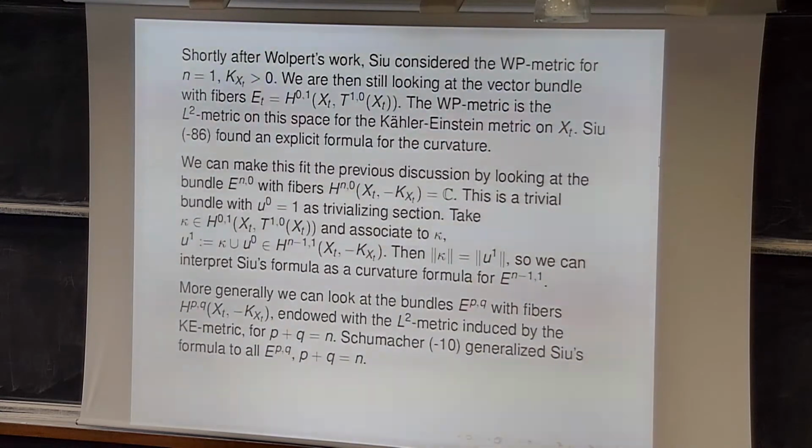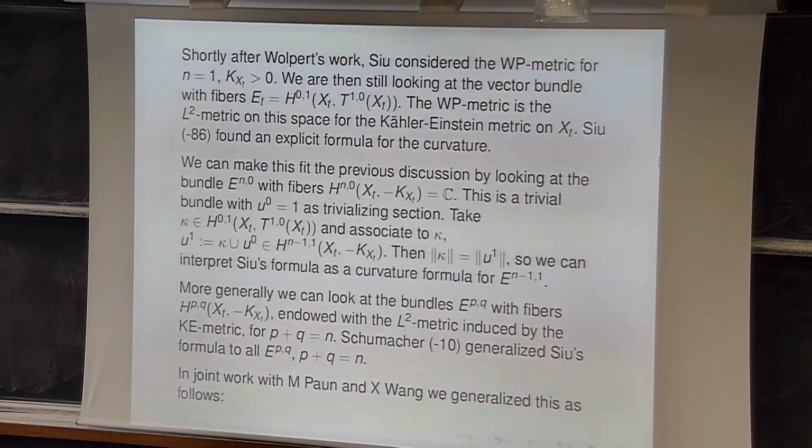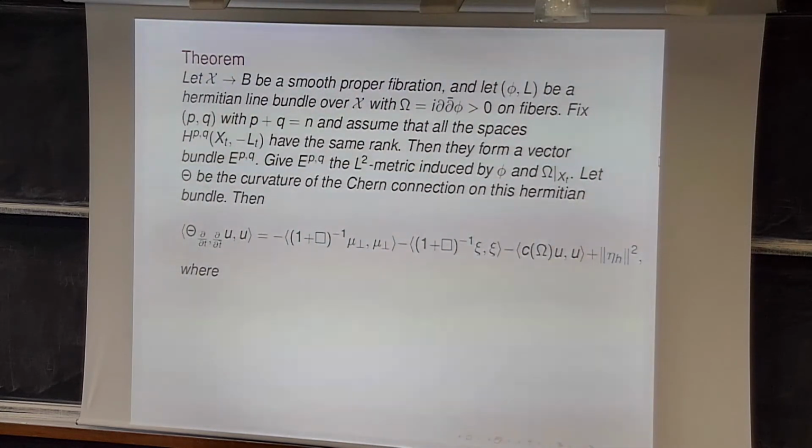And then Schumacher generalized Siu's formula and got the curvature formula for all those bundles here, E^{p,q}. So, and now I'm coming to the joint work with Mihai and Siu. And we generalized this theorem as follows. I'm going to write down now a horrible formula. Well, horrible statement. It takes some time to digest, maybe.